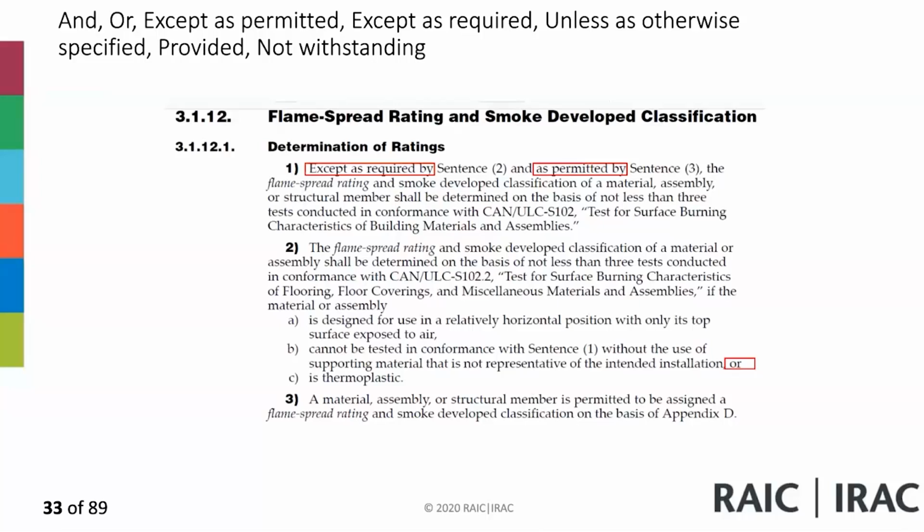What this tells us is that we don't need to test the surface burning characteristic of the material if we can find it in Appendix D. So this sentence permits us to use the appendix in lieu of the testing of the product as required in S102. So now, as you see, "except as required by" or "except as permitted by."